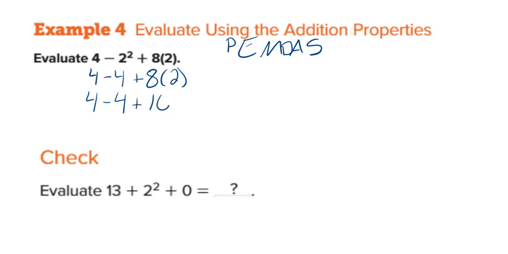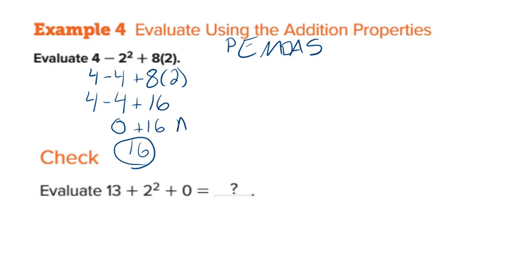Next would be multiplication and division from left to right. So the only multiplication they have here is 8 times 2. Well, 8 times 2 is 16. Now we'll add and subtract left to right. So 4 minus 4 is 0.